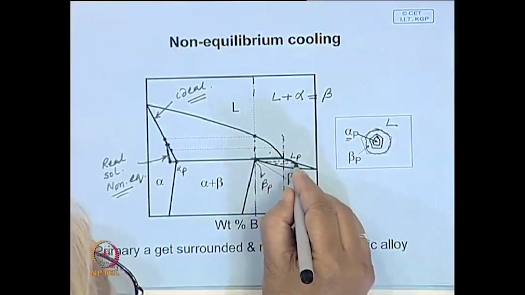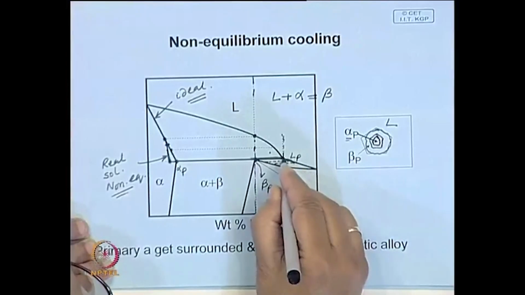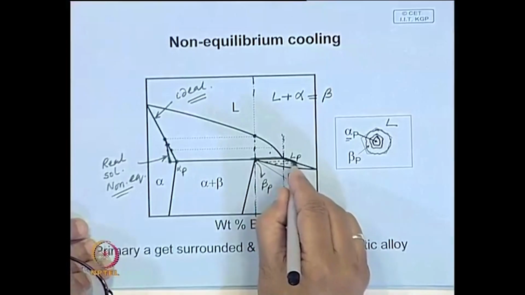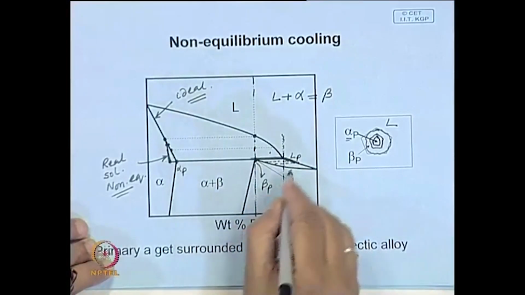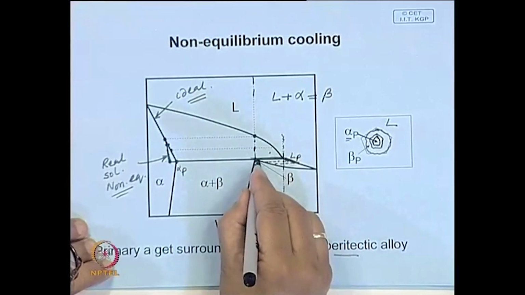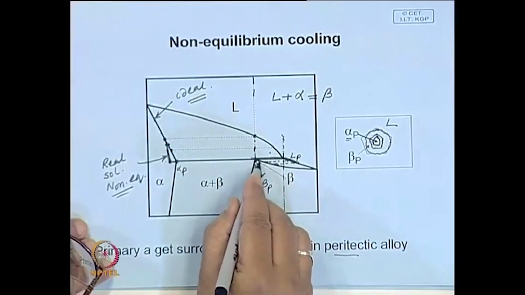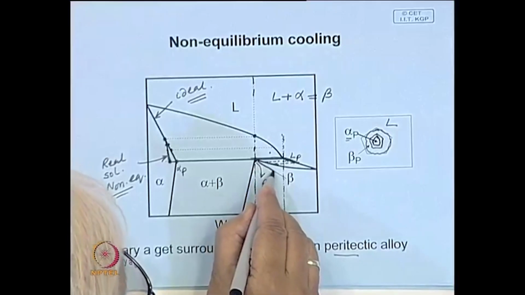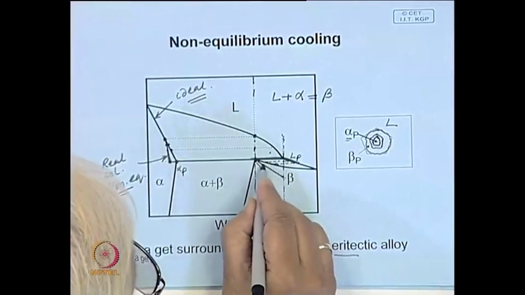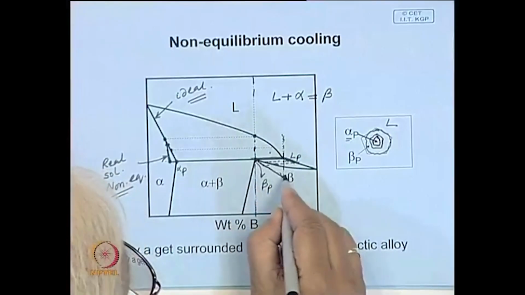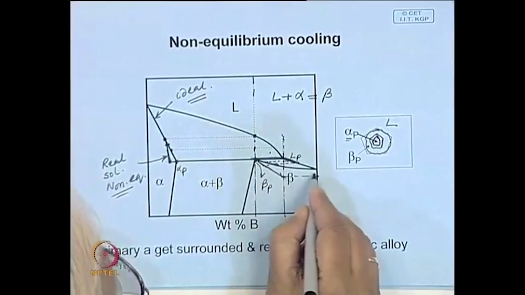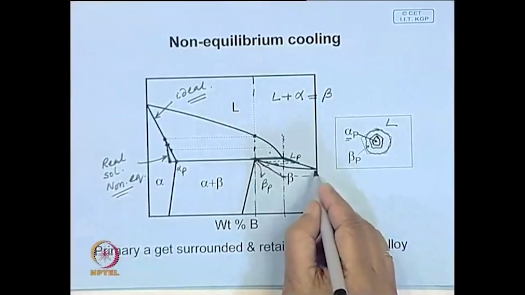The liquid composition will follow this path, because the diffusivity in liquid, the movement of atoms in liquid, is faster, so it is able to adjust composition with decreasing temperature, but the solid is not able to adjust composition with decreasing temperature. So here also the average composition would follow this line, and ultimately the solidification will be completed somewhere here, that is at a temperature much lower than the melting point of B.